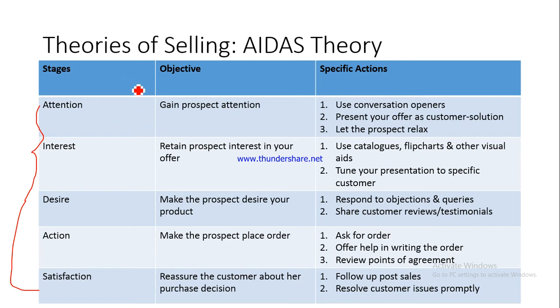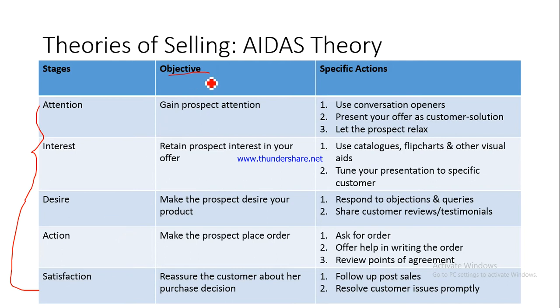Now if you have a look at these stages, attention, interest, desire, action and satisfaction, they have been already discussed in earlier sessions when we were talking about advertising management. Now what we are going to discuss here in this particular theory today is what should be the objective of the salesperson in these 5 stages.